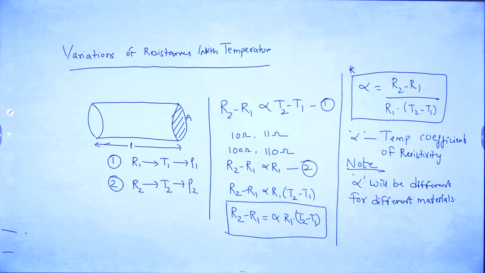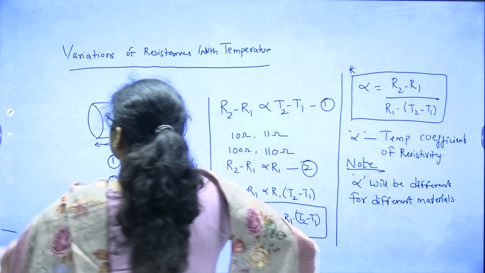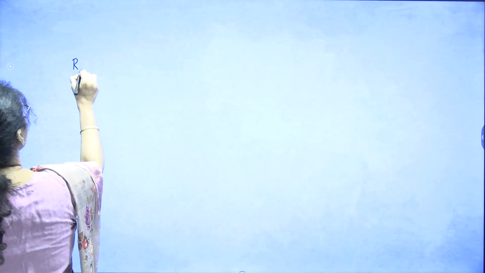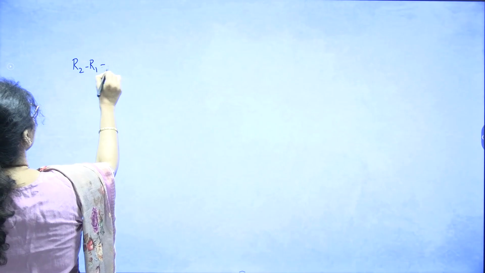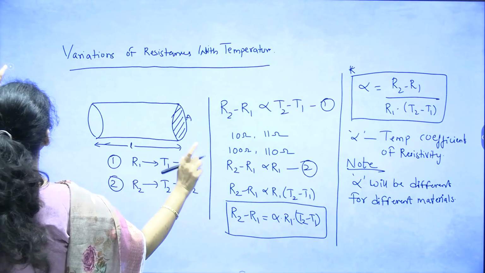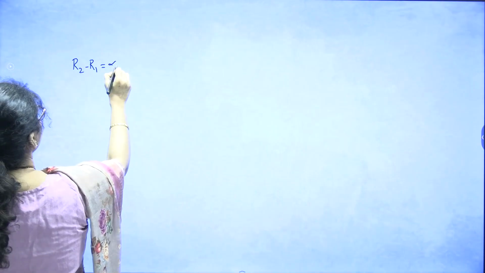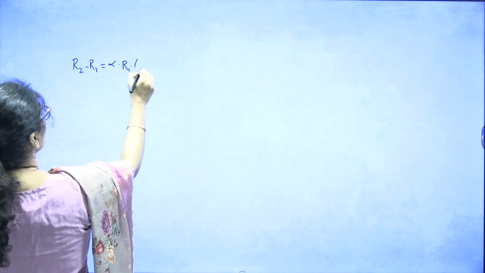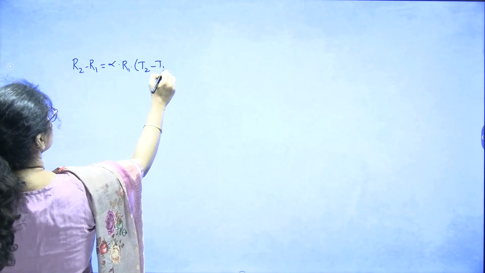So now we will derive the relation for R2 also. I know R2 minus R1 is equal to alpha into R1 into T2 minus T1.